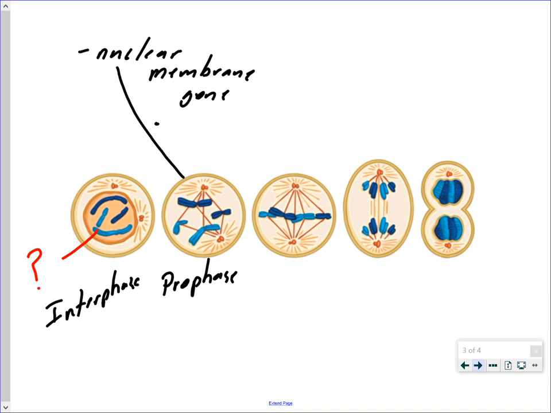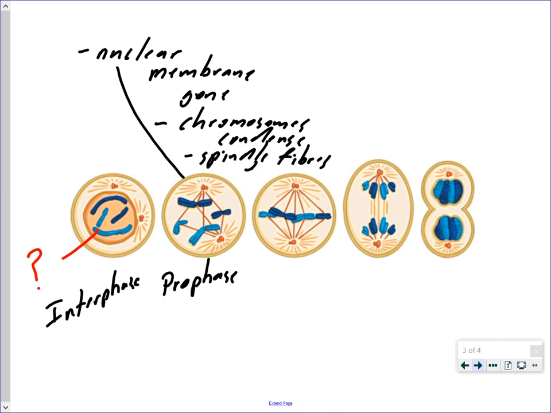Second thing that we see for sure here is that the chromosomes condense. And finally, we can see that the spindle fibers are forming. These three events are really the big ones for you to remember that are taking place in prophase.